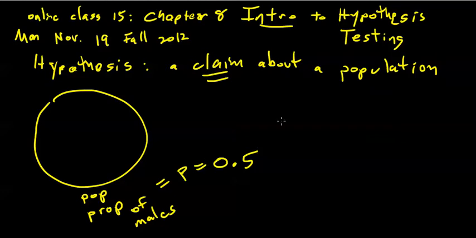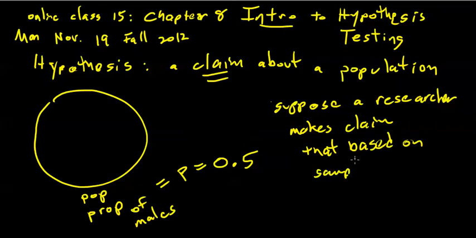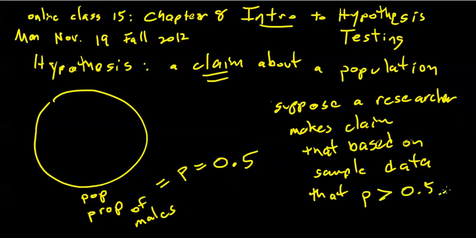Now I want you to consider this. Suppose a researcher makes a claim, based on sample data, that the true population proportion of males is greater than one half.